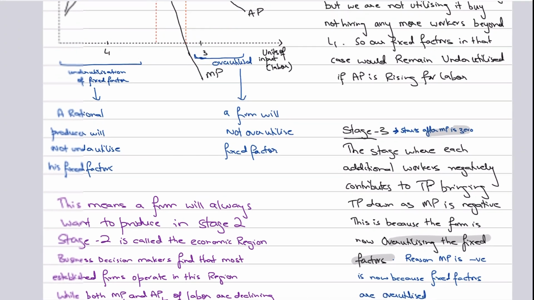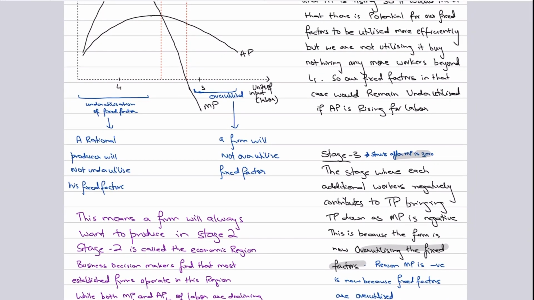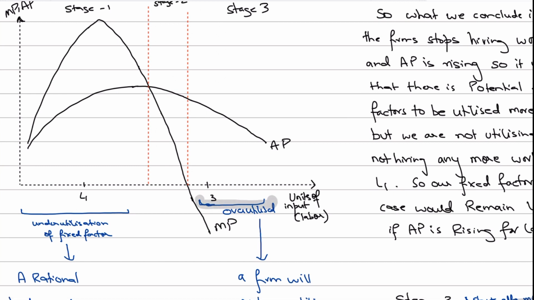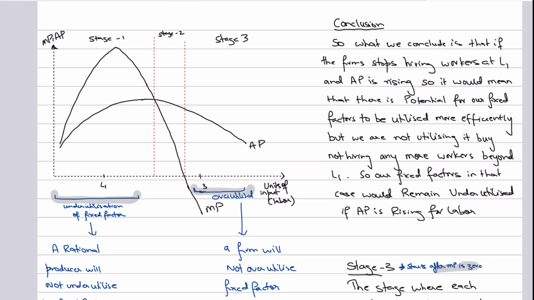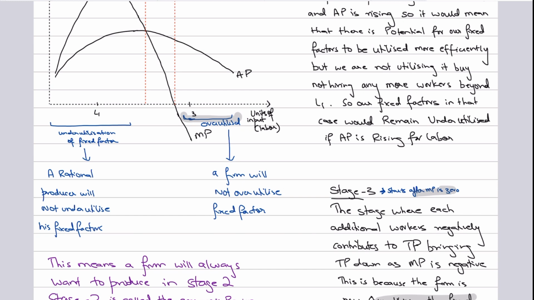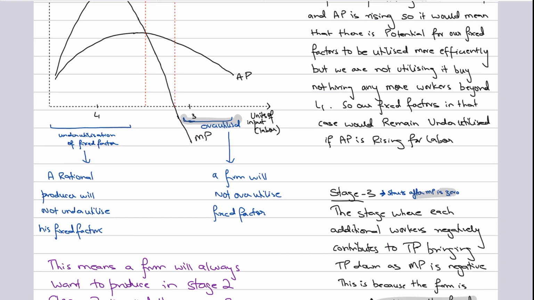So in stage three, we know that the firm is overutilizing its fixed factors. In stage one, it's underutilizing its fixed factors. So what do we conclude because of that? Neither would the firm want to overutilize its fixed factors, nor would it want to underutilize them, because underutilization of a fixed factor is not a rational decision of a rational producer, right?